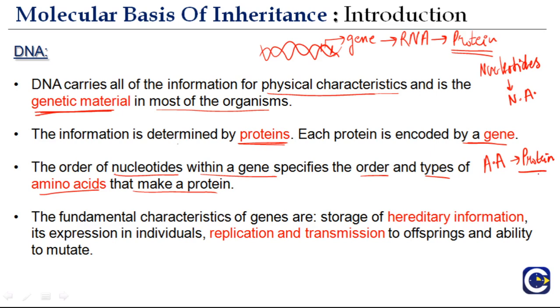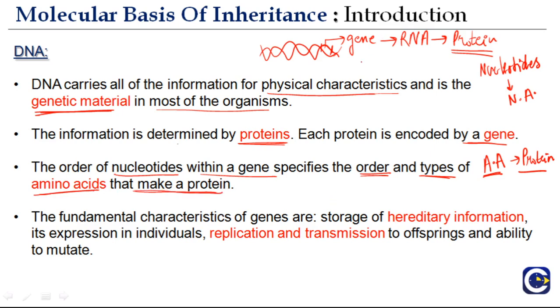So protein is a macromolecule and the structural unit is amino acids. The order of nucleotides within a gene: here on the DNA there is a gene, and what is DNA made up of? It is made up of multiple nucleotides. So the order of nucleotides within a gene specifies the order and types of amino acids that make a protein.